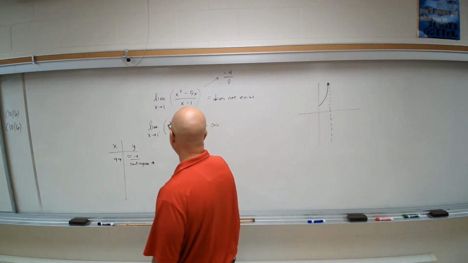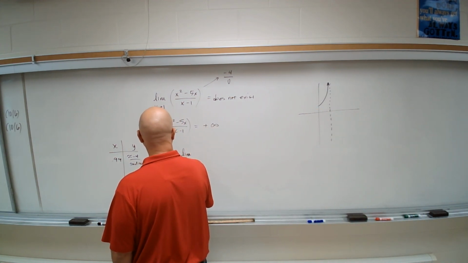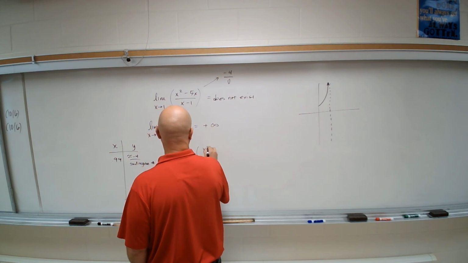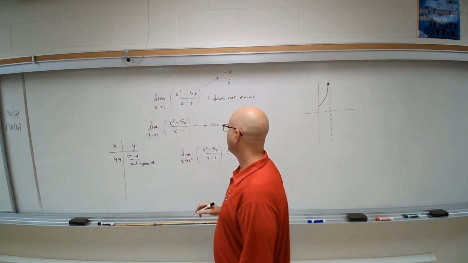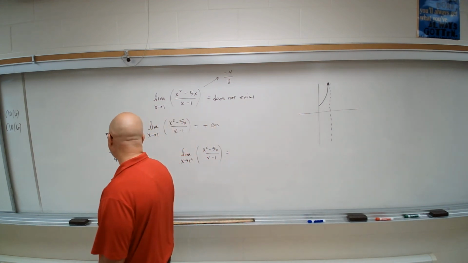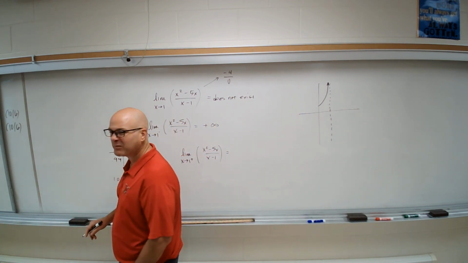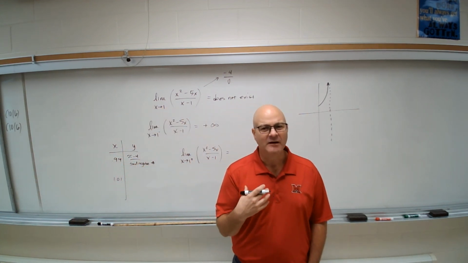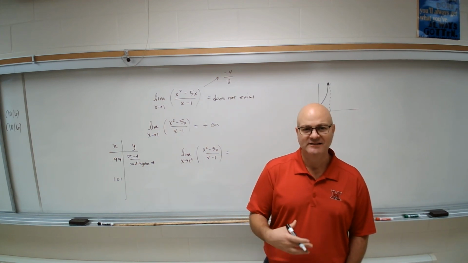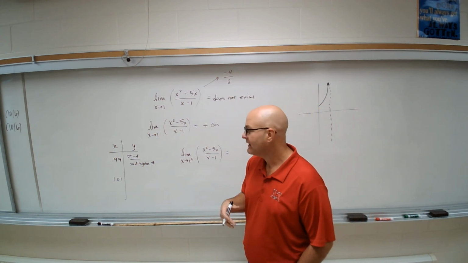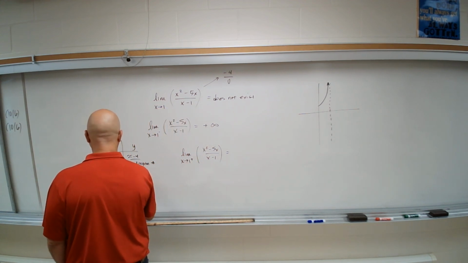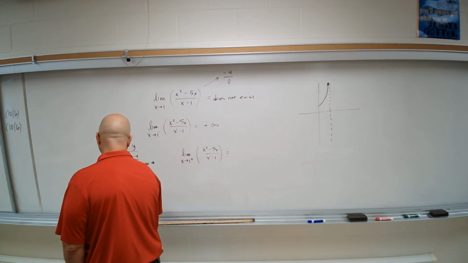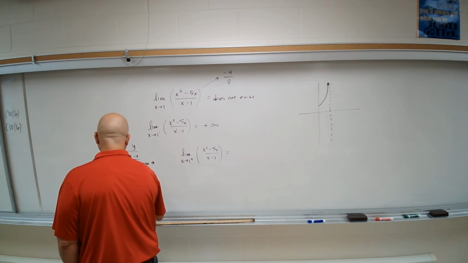And then for the right-hand limit, okay, well, with that, I would pick a number like 1.01. And again, I'm not plugging it in. I'm just using it to help me think about it and make sure I'm going to get the right positives and negatives. That's pretty much all I'm doing. So the top is going to be about negative 4. The bottom is going to be a small positive number.